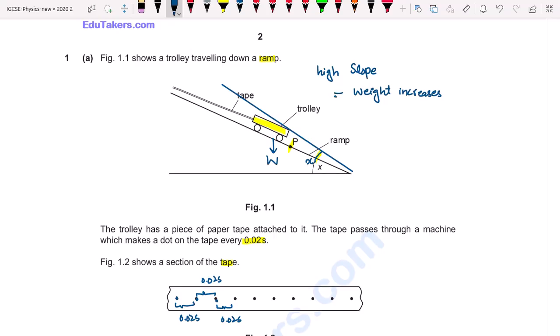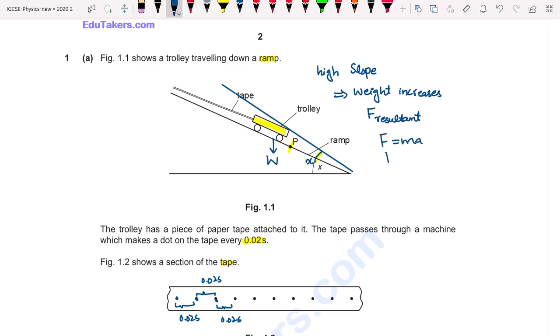Due to this, there must be a net force acting on it, that is the resultant force, and it also increases. And we know that F is equal to ma according to Newton's second law.